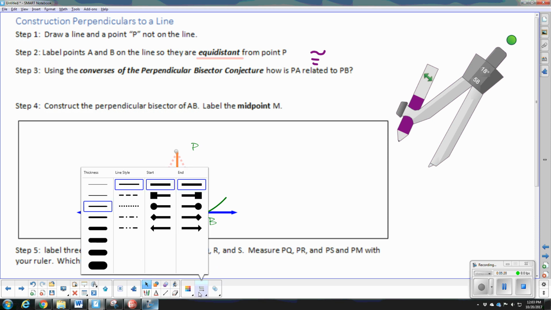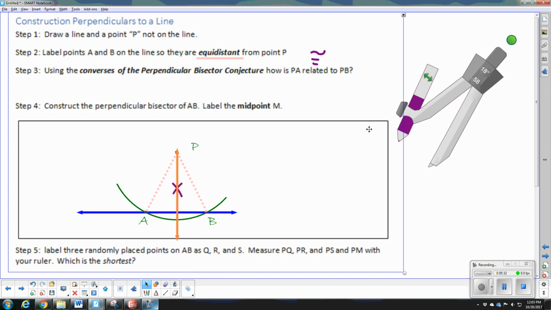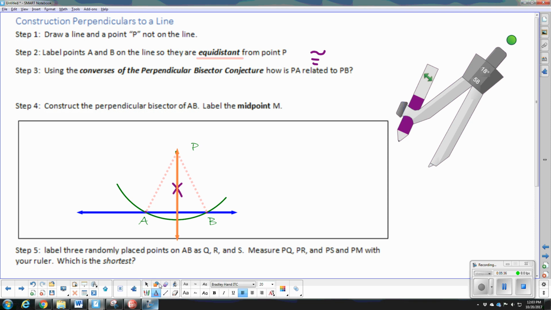You can use your bisector either as a segment or a line, but really it could go on forever. And then it says label the midpoint M. So now let's label that point right here, M.